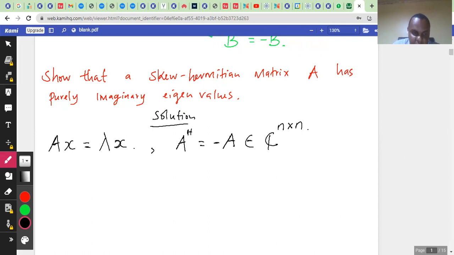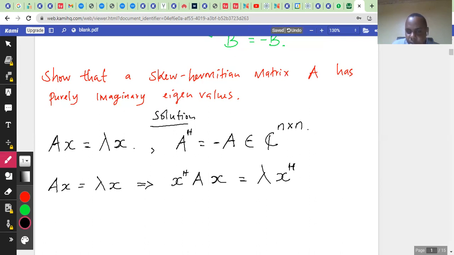So from the fact that Ax equals lambda x, we take the vector x, find its conjugate, and transpose it. This is what we are calling x^H, multiplied by Ax. And this is going to be equal to lambda times x^H multiplied by x.